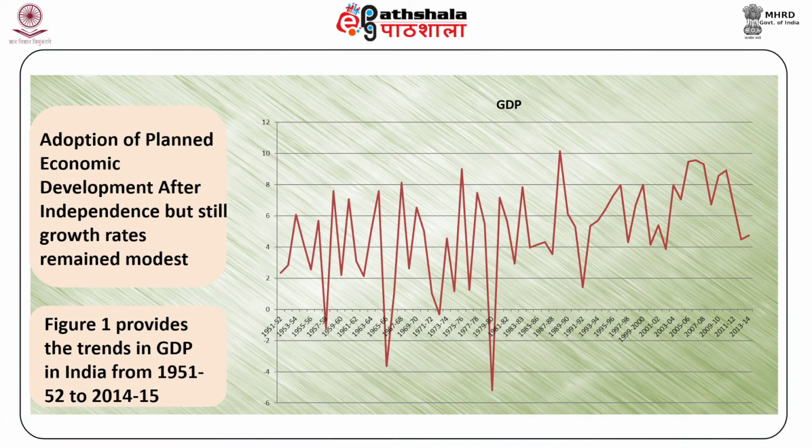Thereafter, with the adoption of planned economic development, even though substantial progress was made on many fronts, the growth rate of real gross domestic product, that is GDP, remained modest till the 70s. Figure 1 provides the trends in GDP in India from 1951-52 to 2014-15.